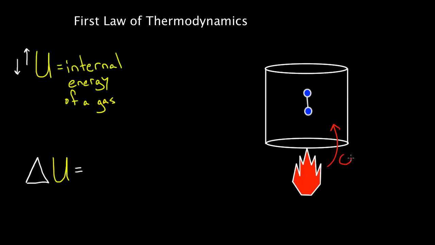So if heat enters this enclosed container, the internal energy will go up. So if you add heat, and that's represented with the letter Q. Q is the letter we choose to represent the heat energy. If I add 100 joules of heat energy, that's 100 joules that can go into increasing the internal energy of a gas. But it doesn't have to be fire that you use to add heat energy to a gas.